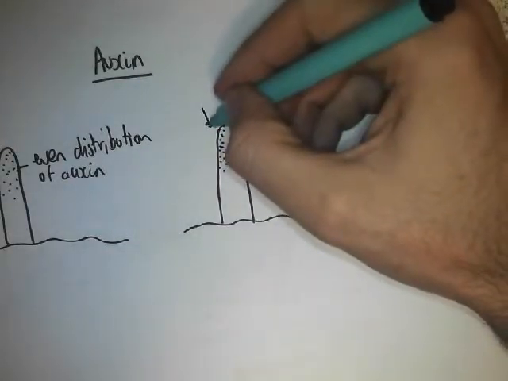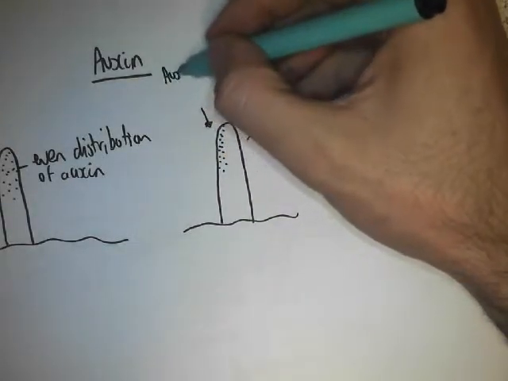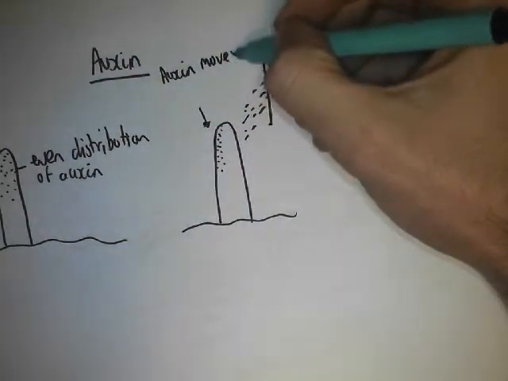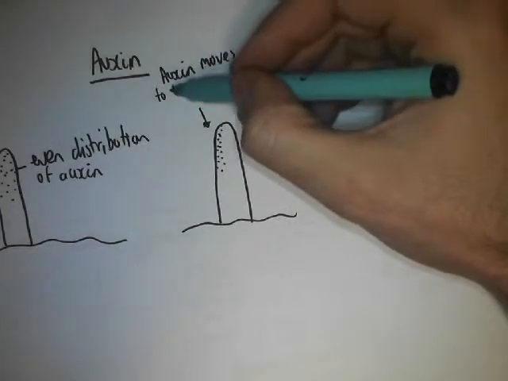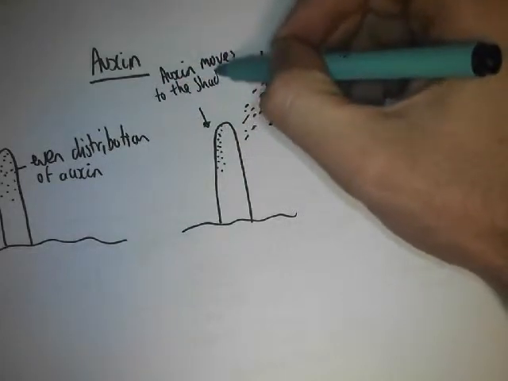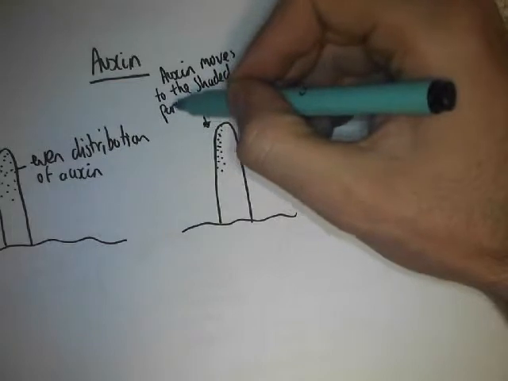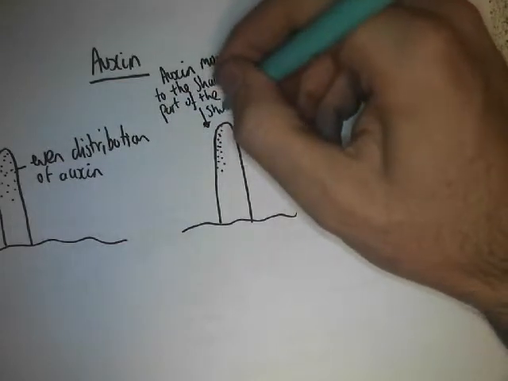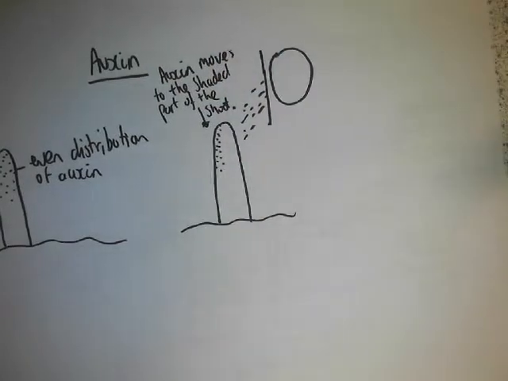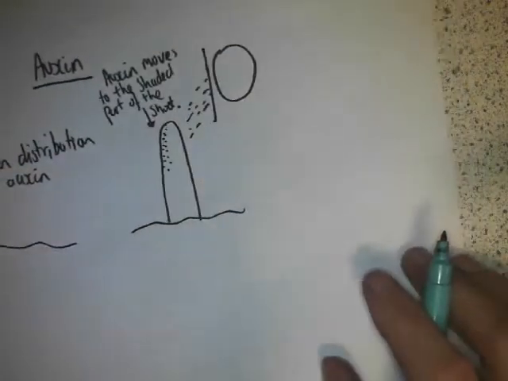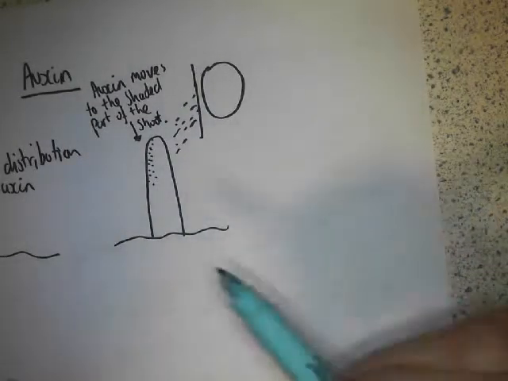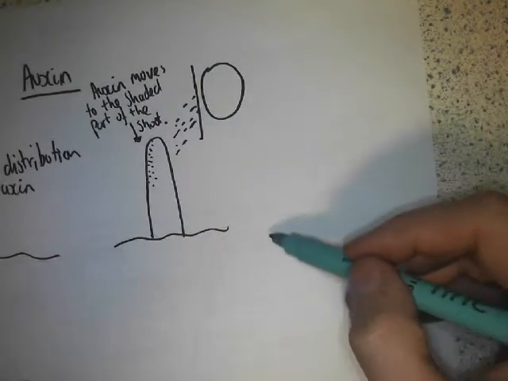So, auxin moves to the shaded part of the shoot. Full stop. And from the last set of diagrams when we were talking about geotropism, we know that auxin in shoots promotes growth.